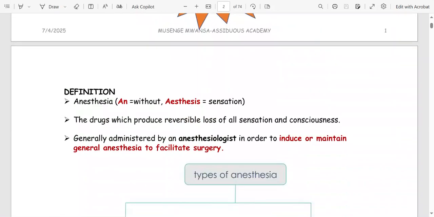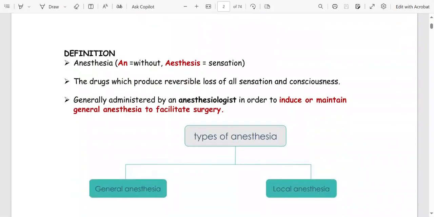So we are looking at anesthesia or anesthetic agents. Anesthesia comes from "an," which means without, and "aesthesis," which means sensation. So basically it means without sensation.